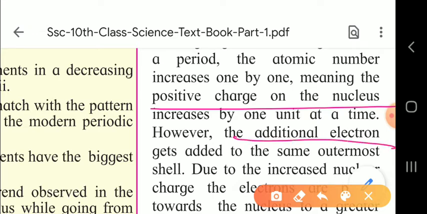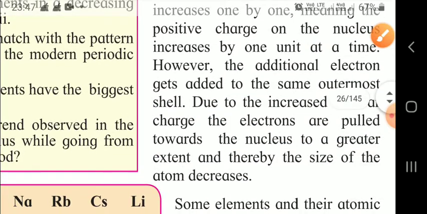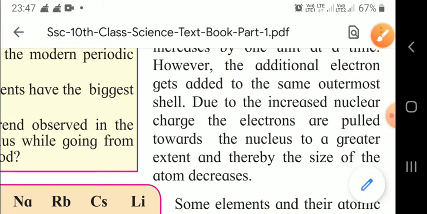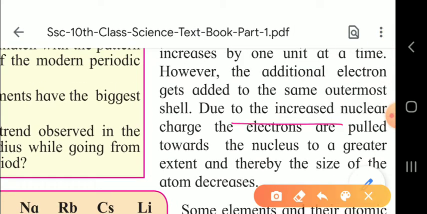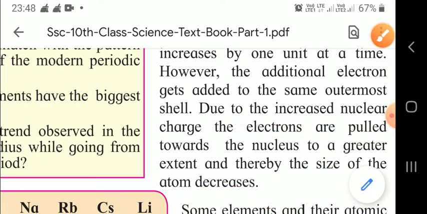The additional electron gets added to the same outermost shell, and due to the increased nuclear charge, the electrons are pulled toward the nucleus to a greater extent. Thereby the size of the atom decreases.